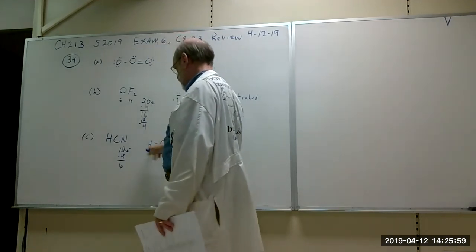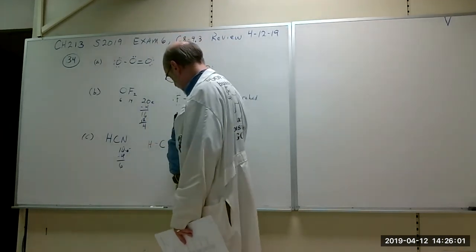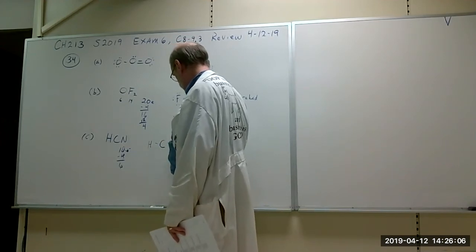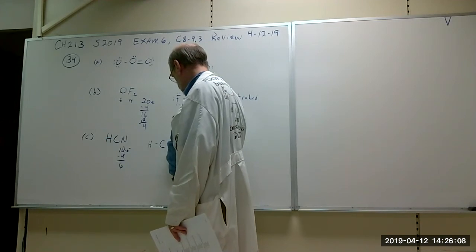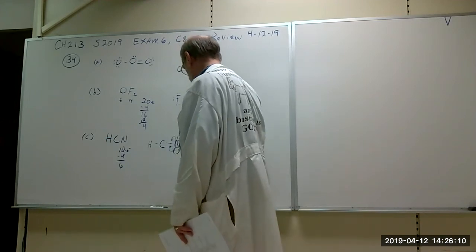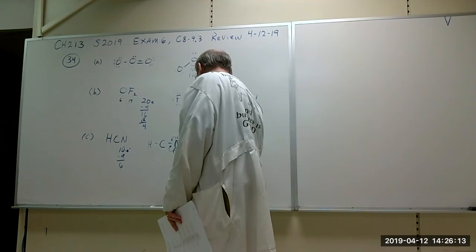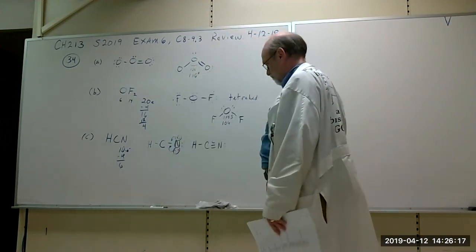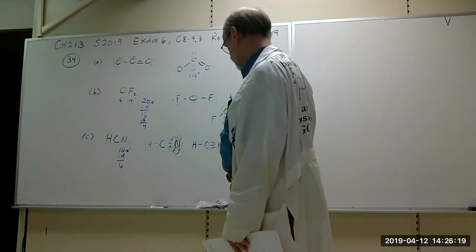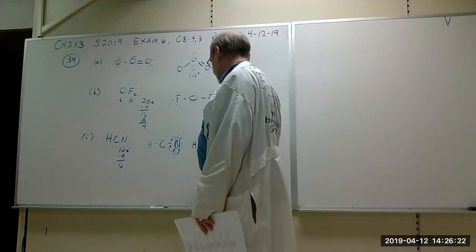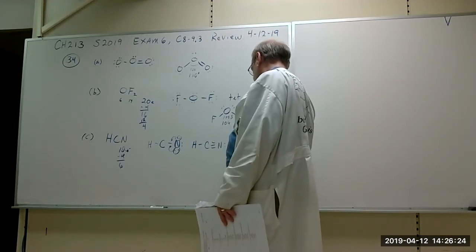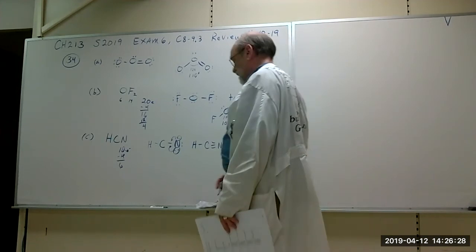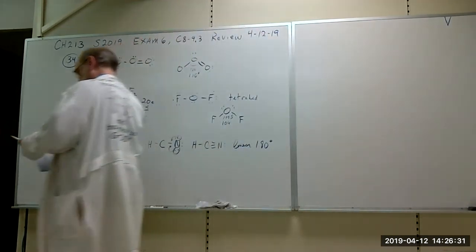We don't have to worry about hydrogen, it's happy. So to satisfy the octet on carbon, we have to move 2 of these. That's a linear molecule, 180 degrees. So at this point, C wins.